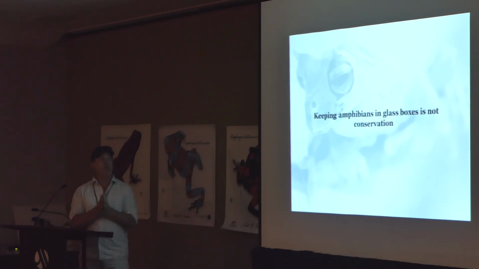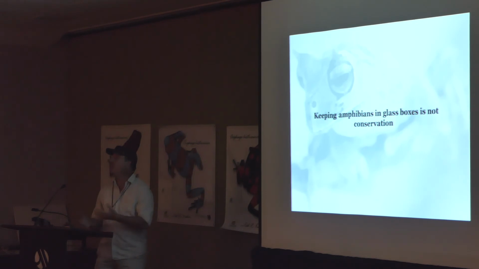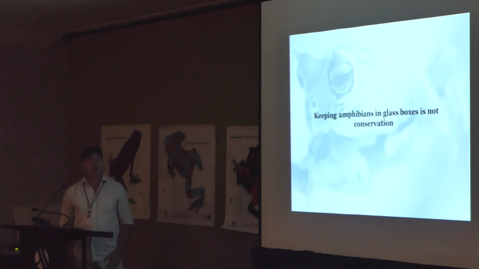But the thing you keep in mind is just because you keep an animal in a box or you put it in a cage, you're not necessarily doing conservation. I think what that comes to is it's not criticizing, it's just coming to what is the definition of conservation. I think that's what you have to figure out first. Once you decide what that is, then you can grade yourself.